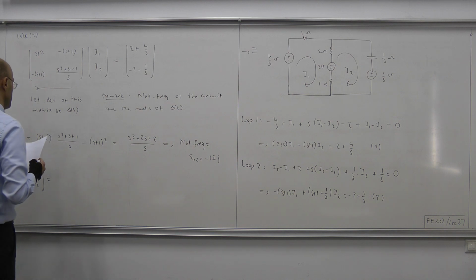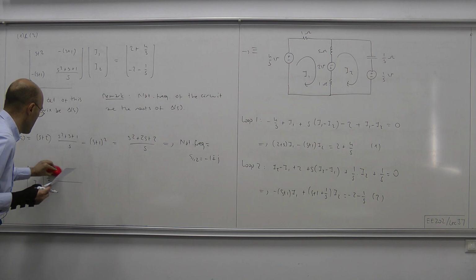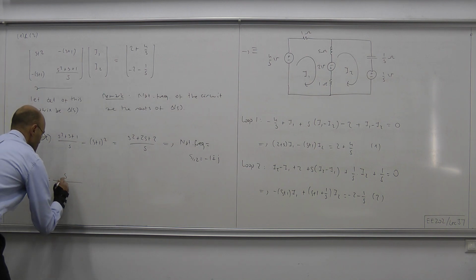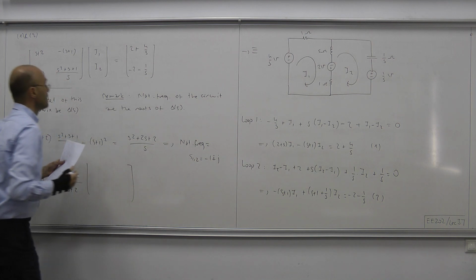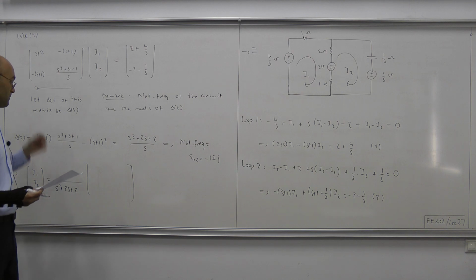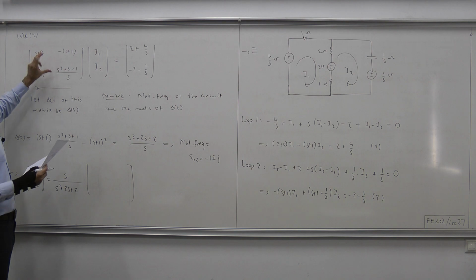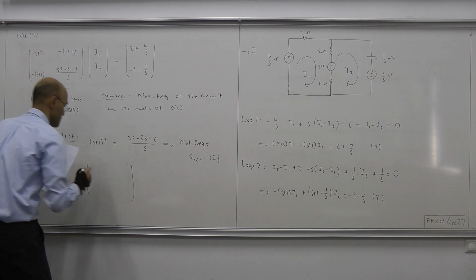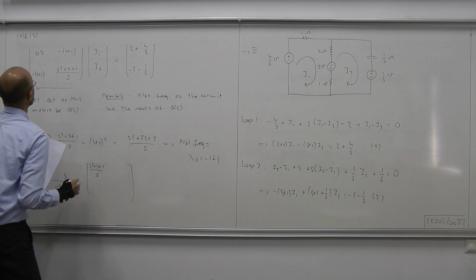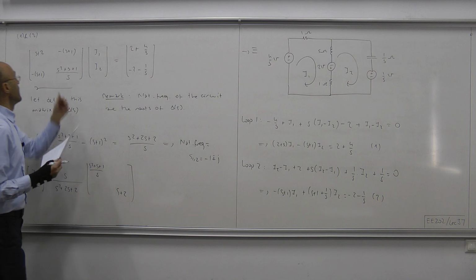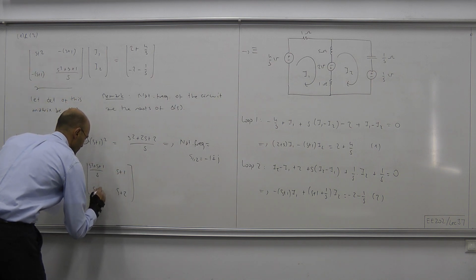The inverse of the mesh impedance matrix is 1 over the determinant, which is S over (S squared plus 2S plus 2), times the adjugate matrix. We swap the diagonal terms, so here we have (S squared plus S plus 1) over S, and here we have S plus 2. And then we negate the anti-diagonal terms, so here we have S plus 1, and here we have another S plus 1.